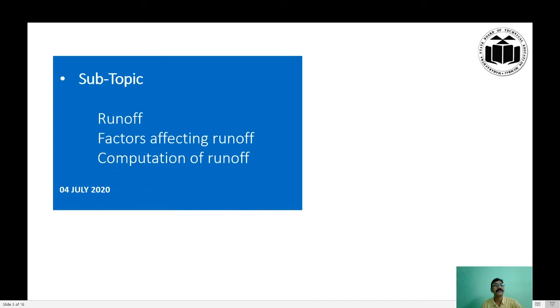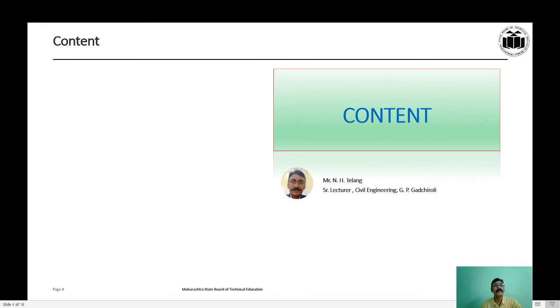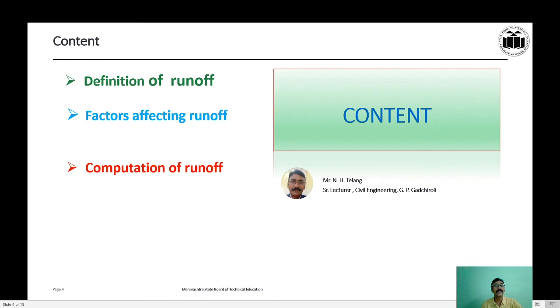Related subtopics to LO are runoff, factors affecting runoff, and computation of runoff. What we will learn today: the contents are definition of runoff, factors affecting runoff, and computation of runoff.